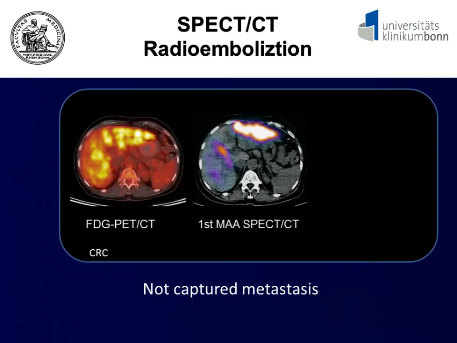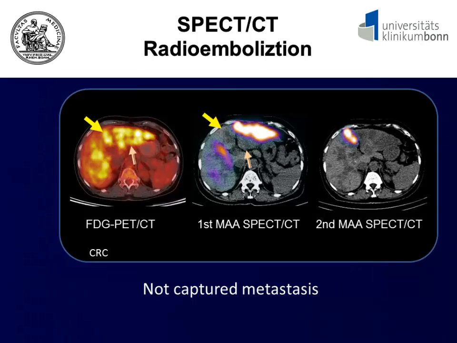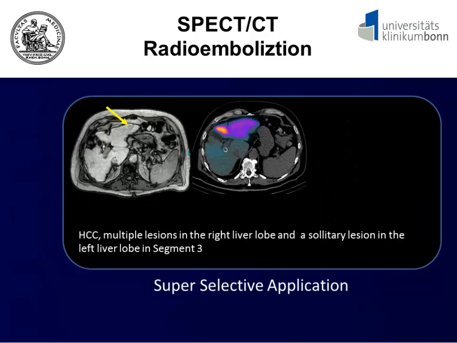Here is an FDG PET CT of a patient with colorectal cancer, and the first MAA SPECT CT. You see in segment 4 of the liver no accumulation of technetium MAA. We performed the MAA scan again, and we could find the vessel of segment 4 in the second MAA scan, and after that we performed the treatment of the liver.